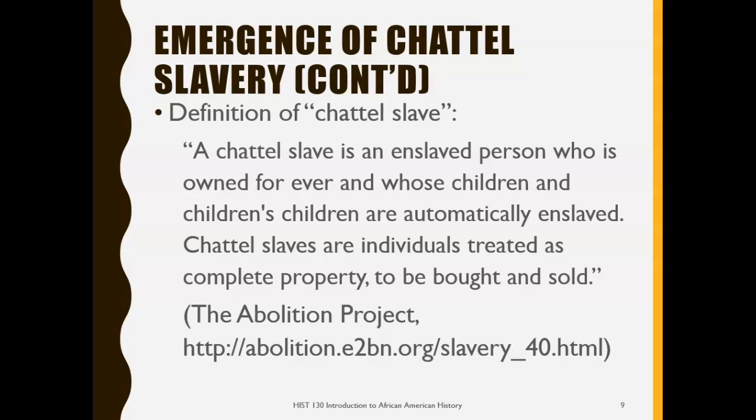It was not for a lifetime. You can be slave one day, but you can be free the next day. In Africa and other places, and most important, the children of slaves were not treated as slaves themselves.